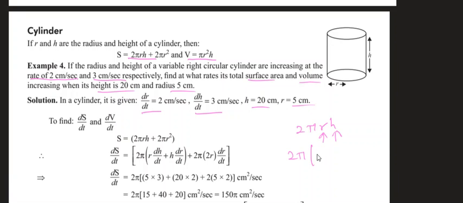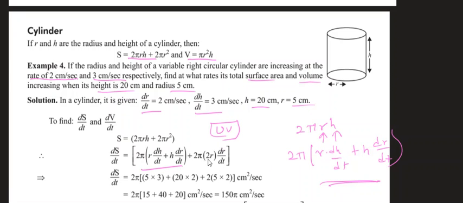Now you are supposed to write r into dh by dt, plus, you keep h constant and take dr by dt. That's all. So remember this, when you have two variables associated like UV, then you have to adopt the UV formula. Never forget the UV formula. So here we have applied it.